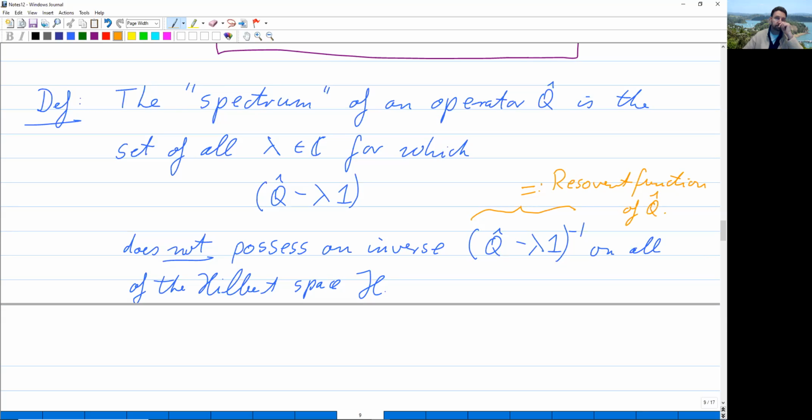All right, so I need to point out that this definition of the spectrum has a subtle extra point in here.